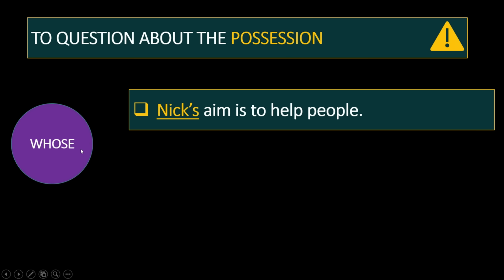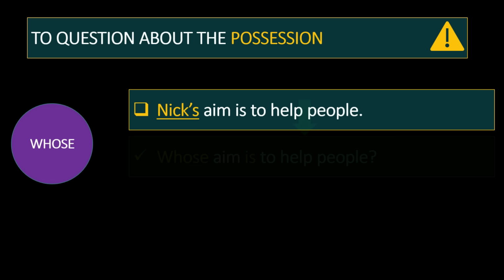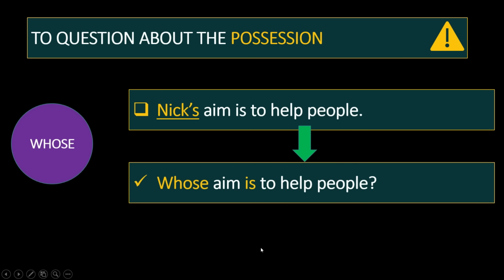Now you have to use this word whose to get this one as the answer. Now you just have to use whose in place of Nick's and you get the question. Whose aim is to help people? Notice one thing, we have not changed anything at all here. We have just used whose in place of Nick's and you have got the question. Don't forget to put question mark at the end.